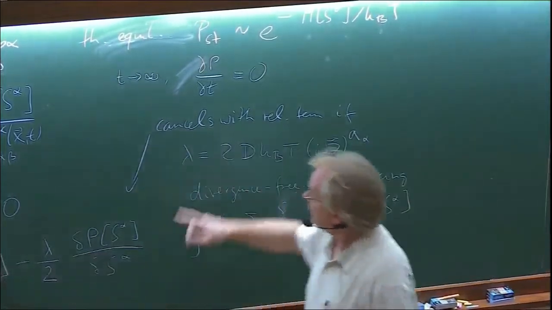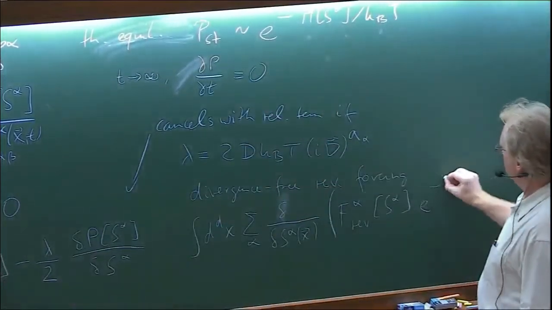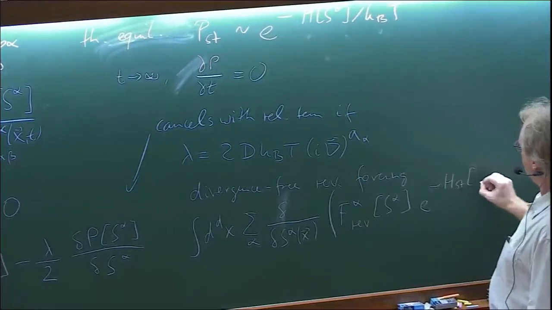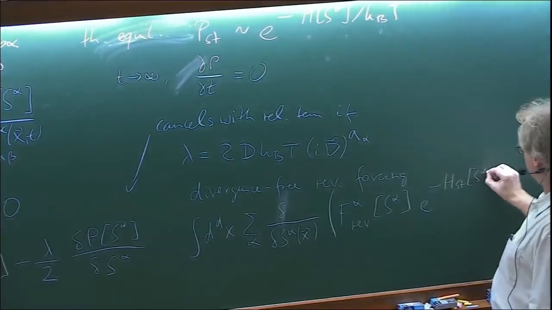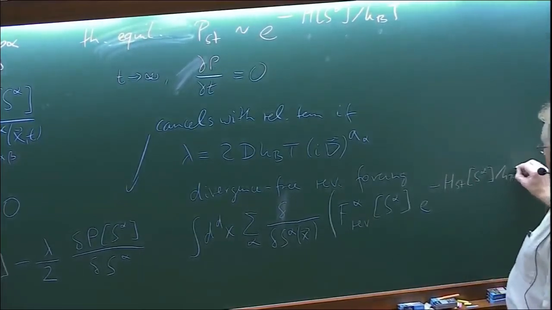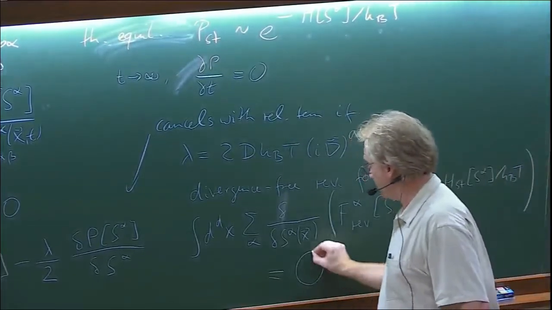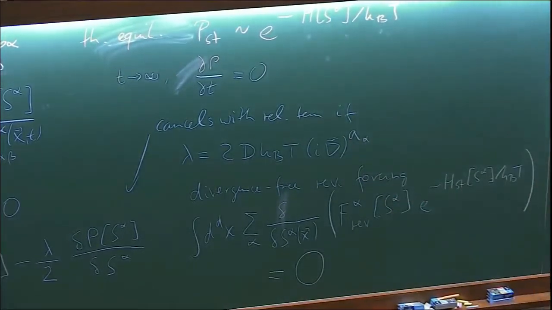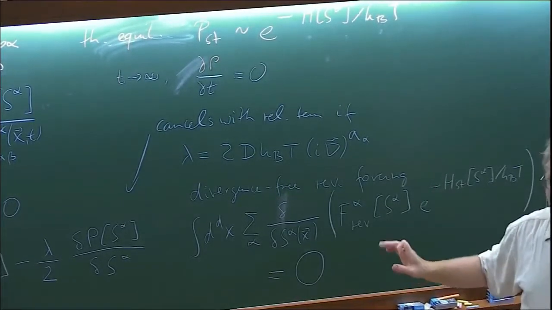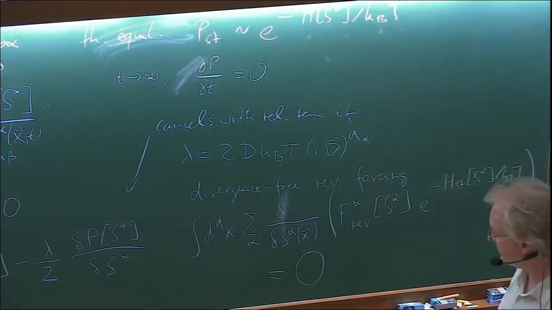And here we need to plug in the stationary canonical distribution. That's the condition for these reversible forcings to be compatible with thermal equilibrium. Okay? As I warned you, that's slightly technical, and will make a little more sense when we go to concrete examples.